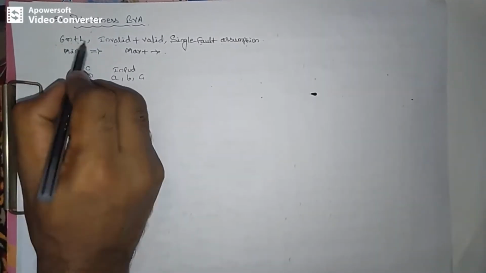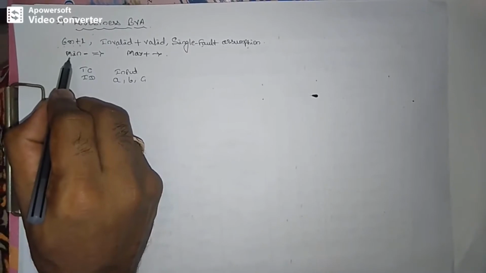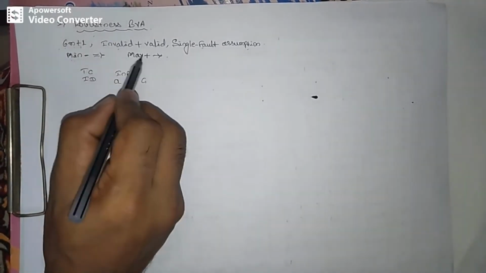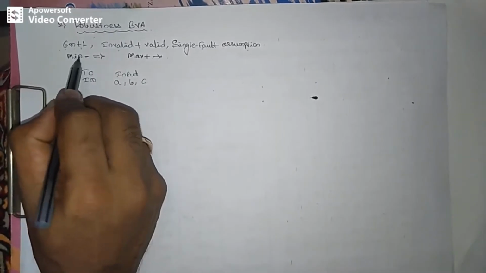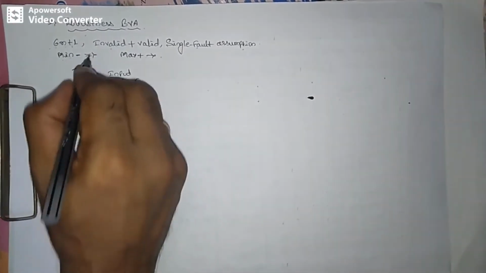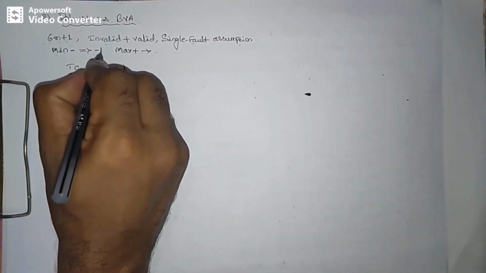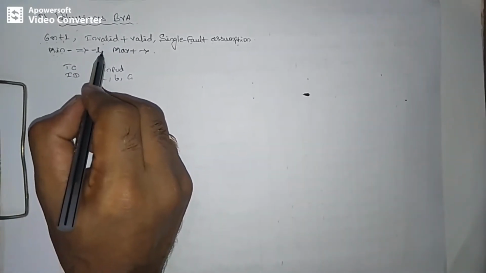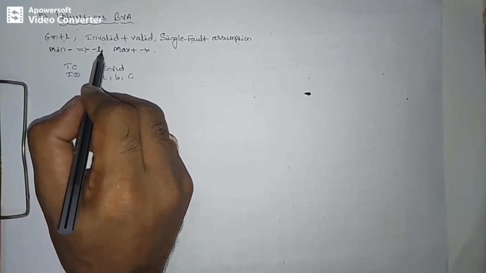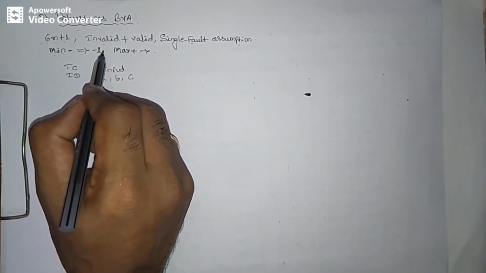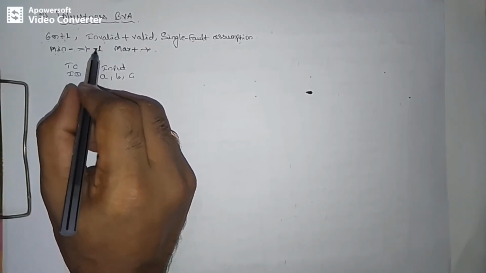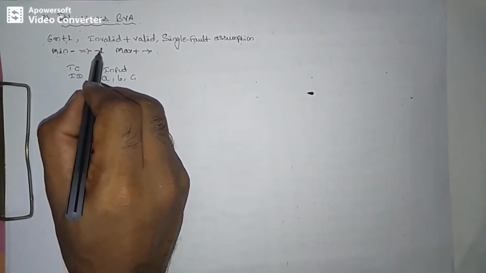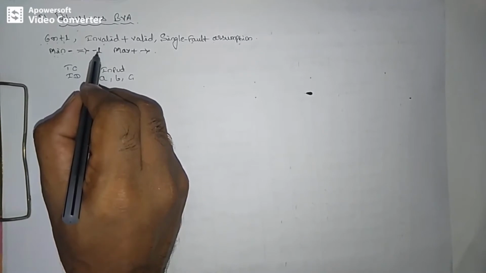Why is it 6n plus 1? Because here we are adding two invalid inputs, that is minimum minus and maximum plus. For your triangle problem, you may consider either 0 or minus 1 as the minimum minus value, based on your problem or situation.